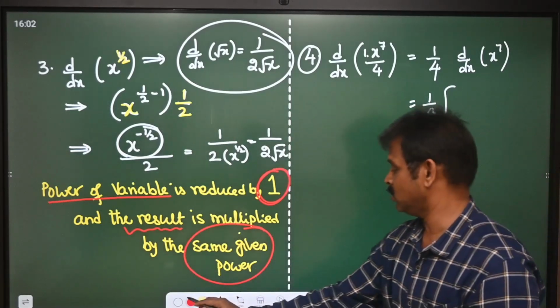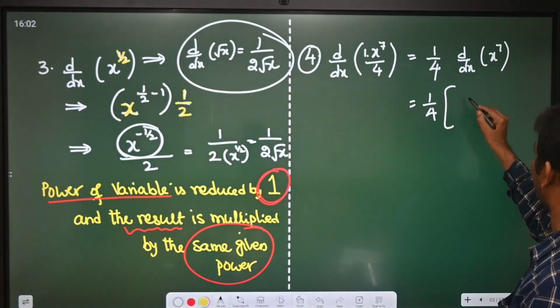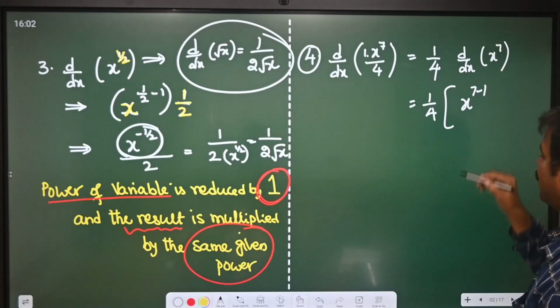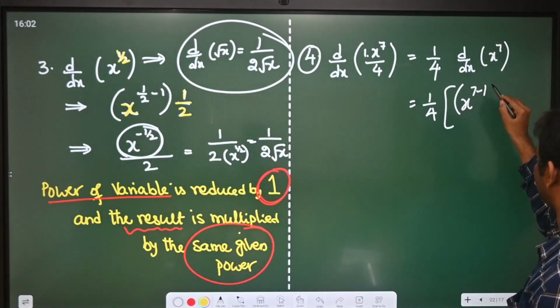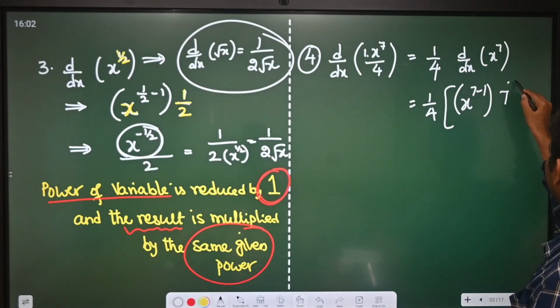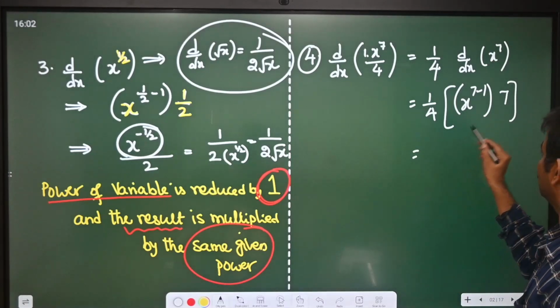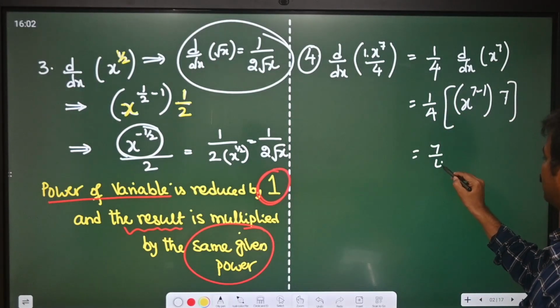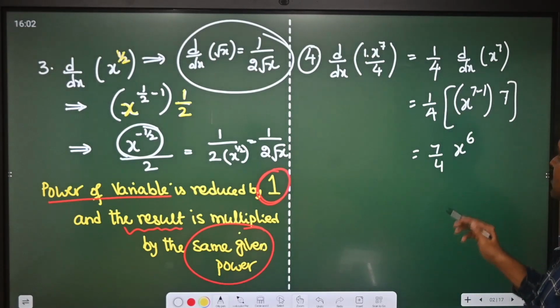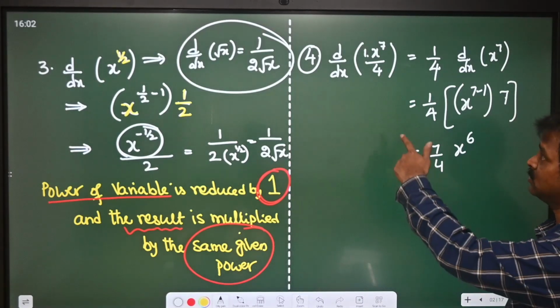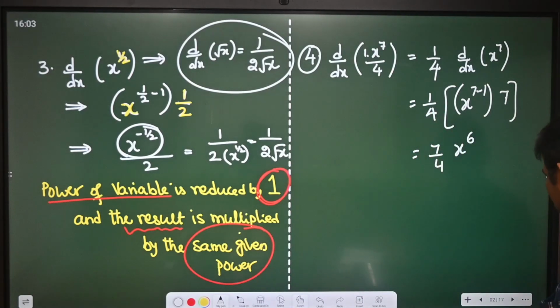The same thing I am going to apply here. So 7 into 1 by 4 becomes 7 by 4 x power 6 (sic) is the answer for this x power 7 by 4.